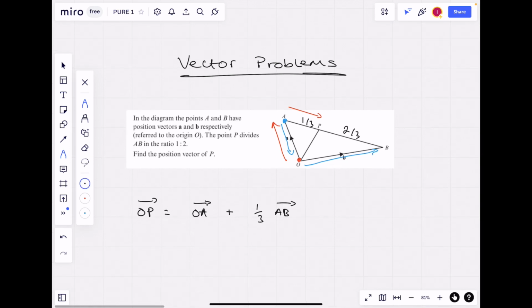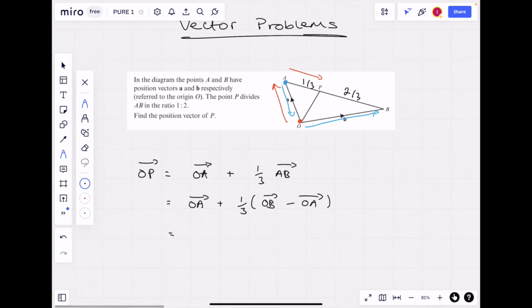So OA plus a third of minus OA plus OB. You can also write this as OB minus OA, just to keep things neat. Right, so let's substitute our vectors that we have because we've got OA and we've got OB.